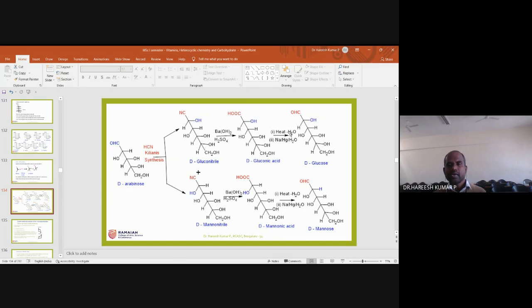I think you are aware that there is a difference between dehydration and dehydrogenation. So what is happening here? H2O is not removed, only H2 is removed, isn't it?